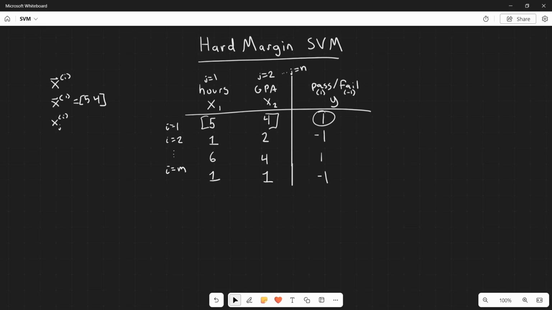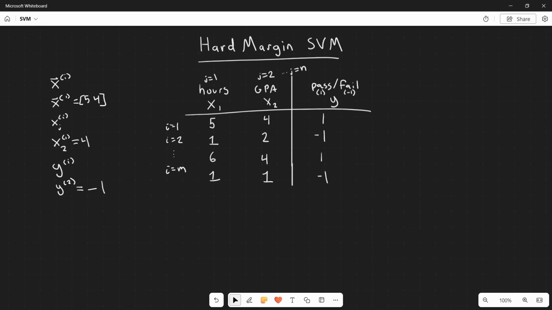So in our case, we're looking at x of 1, 2, and that will be the first student and the second feature, which is GPA of 4. And lastly, if we want to see if the ith student either passed or failed, we can use y at i. So if we wanted to see if the second student failed or passed, we can say y at 2 is equal to, well, that ith student is a fail, so that would be -1.